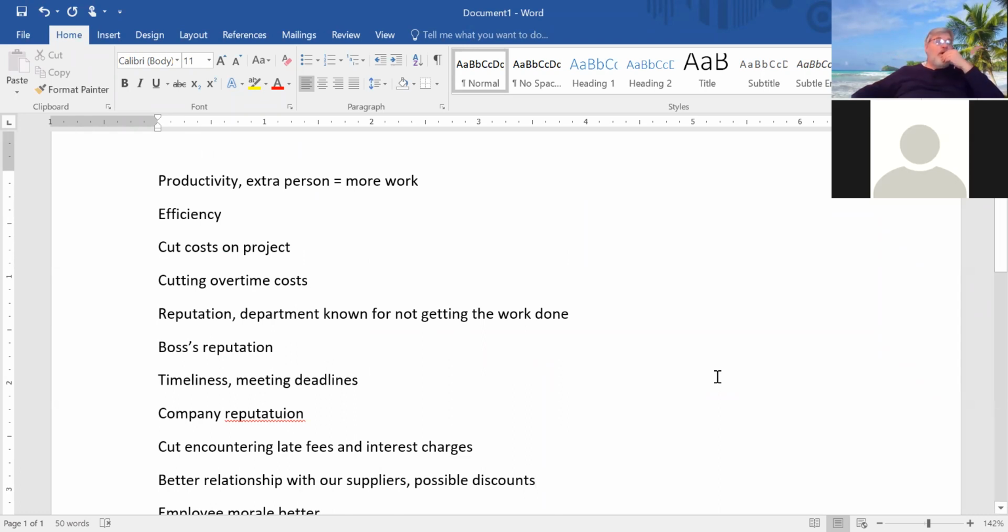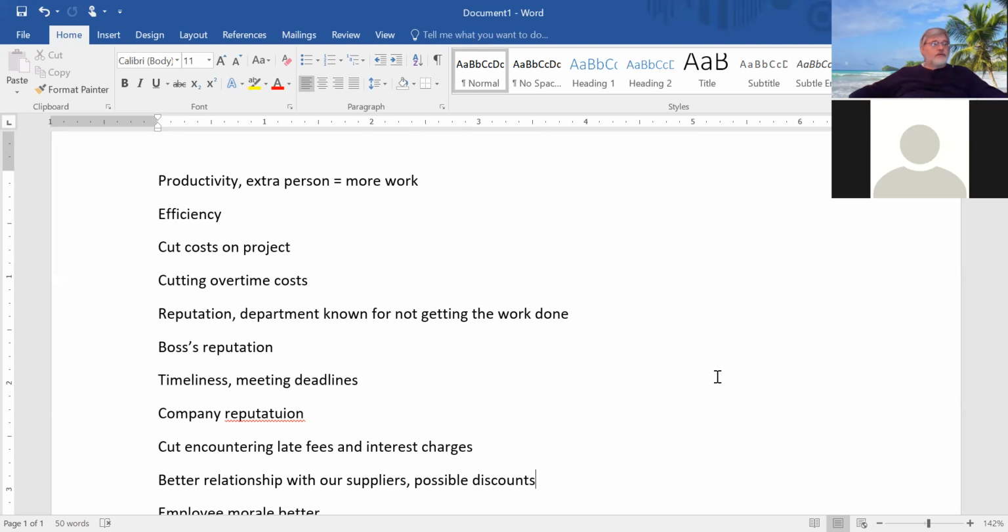When you go to the boss, what's his answer going to be? Before you even get to give any of these examples, hey boss, we've been in the department, we've been doing a lot of overtime and this has been going on for a long time. So we really think that we need an increase in staffing, that we should hire another accounts payable accountant. What's the first words out of the boss's mouth?